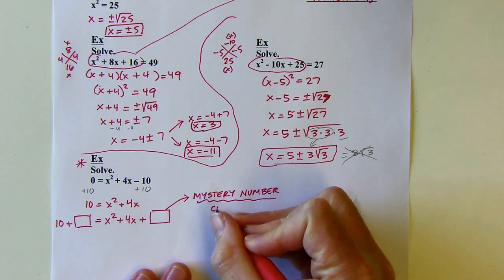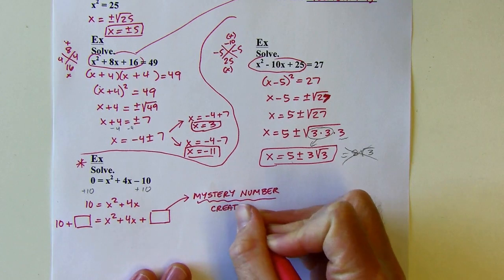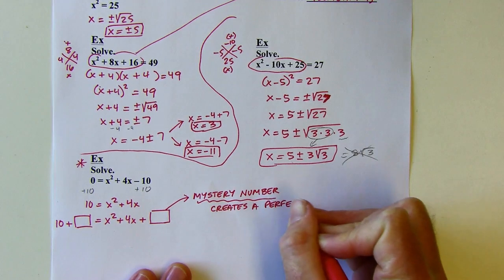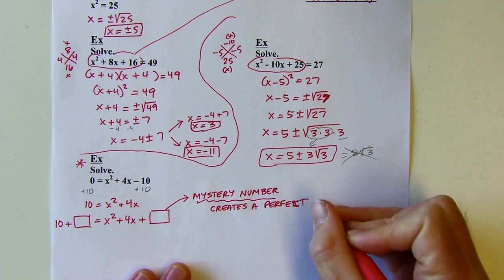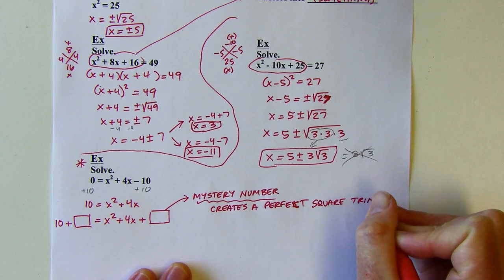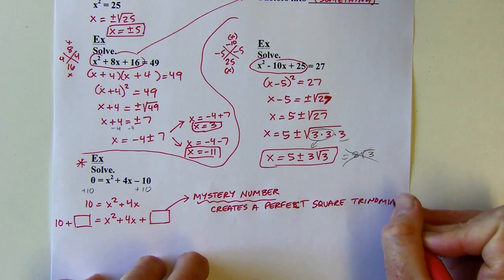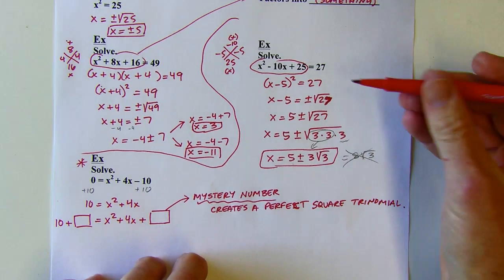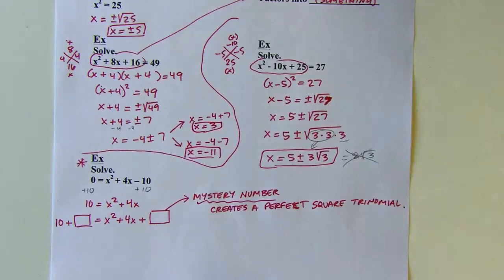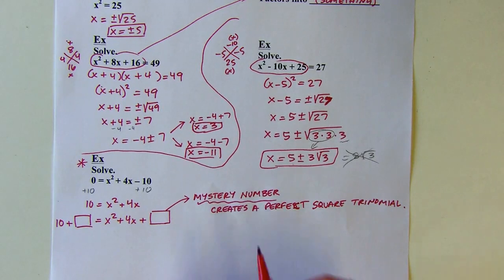So this is the number that creates a perfect square trinomial. Okay, because if we have a perfect square trinomial, then we'll be able to factor it and take the square root of both sides, just like we did on these two problems. Okay, so there is a little formula for this.